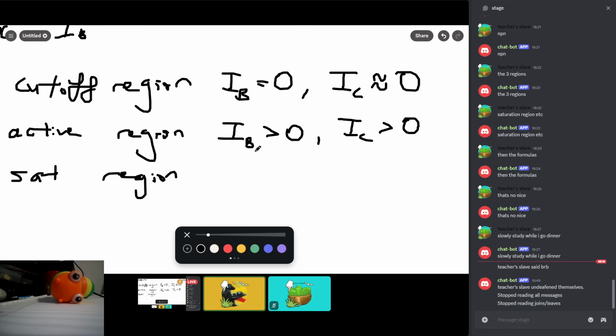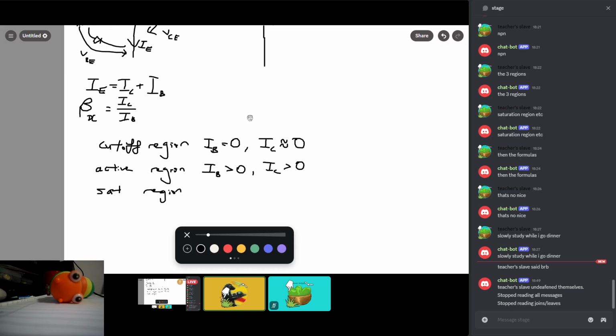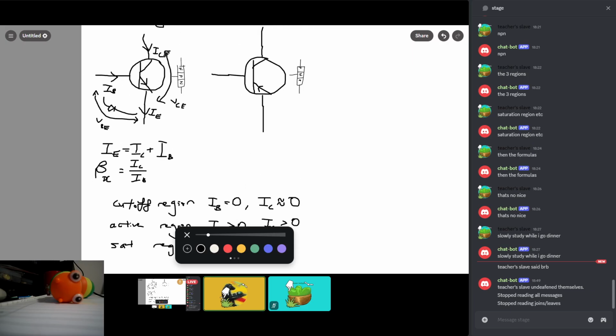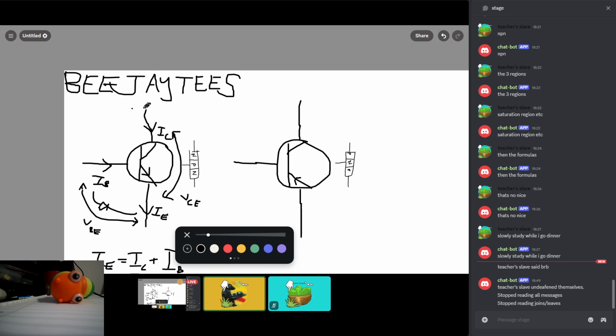Then the saturation region. If you keep increasing the current IB, IC increases as well, but there'll be a certain point where you reach the maximum current that the battery or the power source can provide.